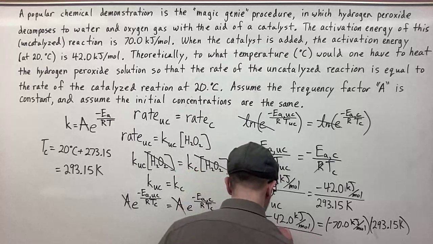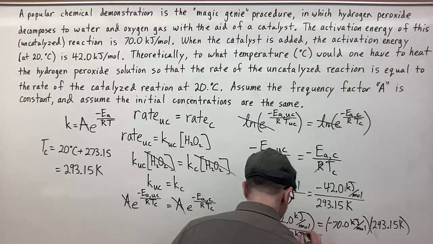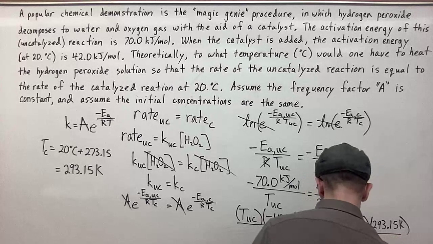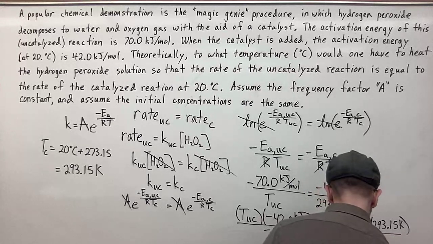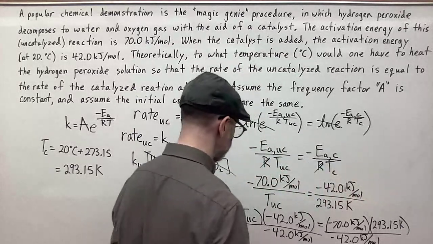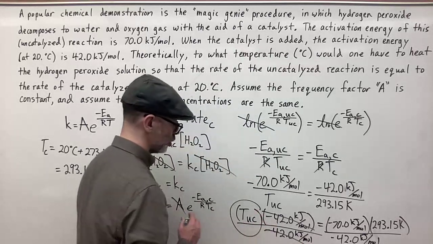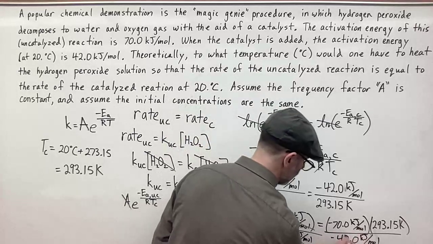Here, let me just show this step just to be complete. So we'll divide by negative 42.0 kilojoules per mole. Divide this by negative 42.0 kilojoules per mole. So then this cancels out, leaving me with the temperature of the uncatalyzed reaction is equal to this here.